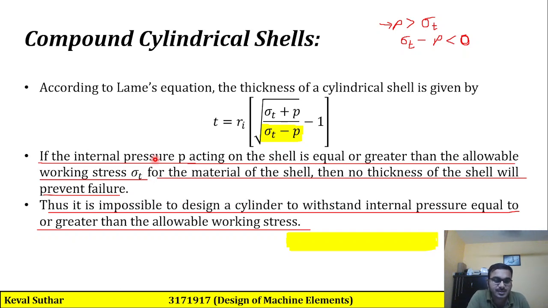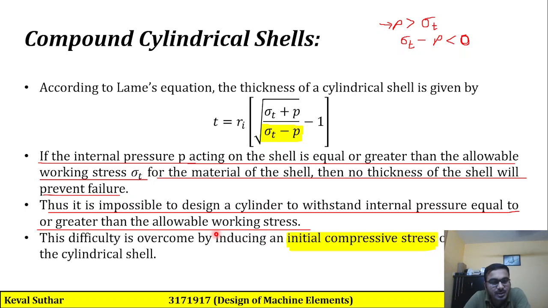Thus, in such cases, it is impossible to design a cylinder that can withstand internal pressure equal to or greater than the allowable working stress. So for that we need to provide some special arrangement. This is overcome by introducing initial compressive stress on the wall of the cylindrical shell. So let's see how exactly we can achieve this.